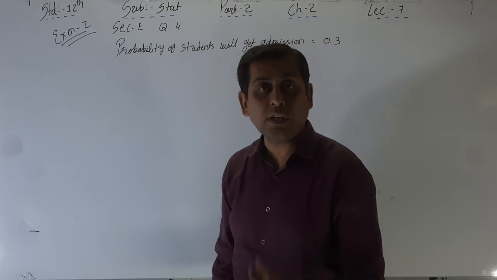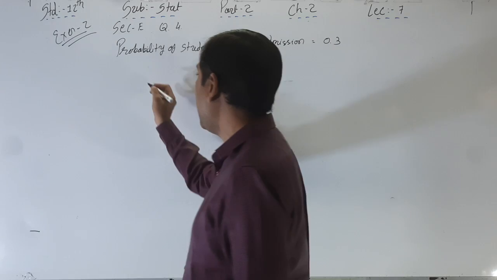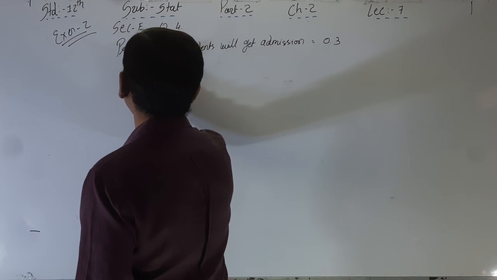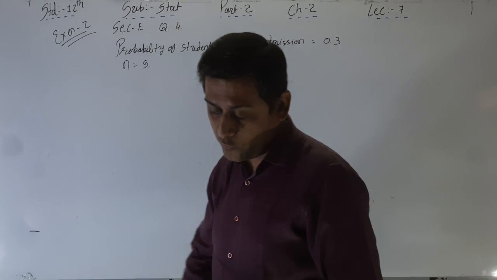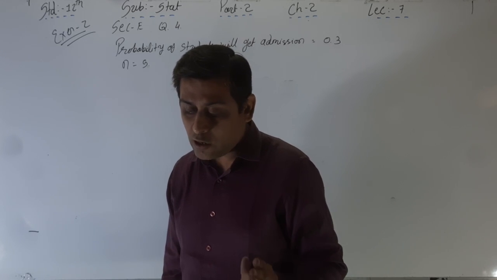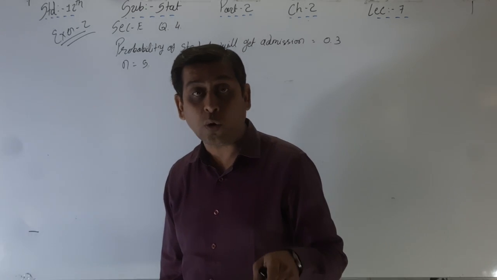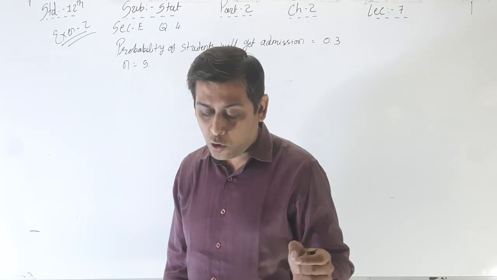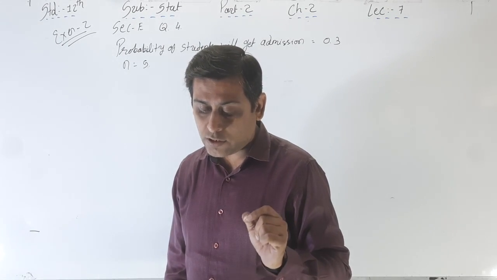Whether it is the probability of success or failure, we don't know. N is equal to 5. Now what do we have to find out? Find the probability of the event that the number of students admitted to the engineering branch is more. Here P is more than Q. That is the main thing.